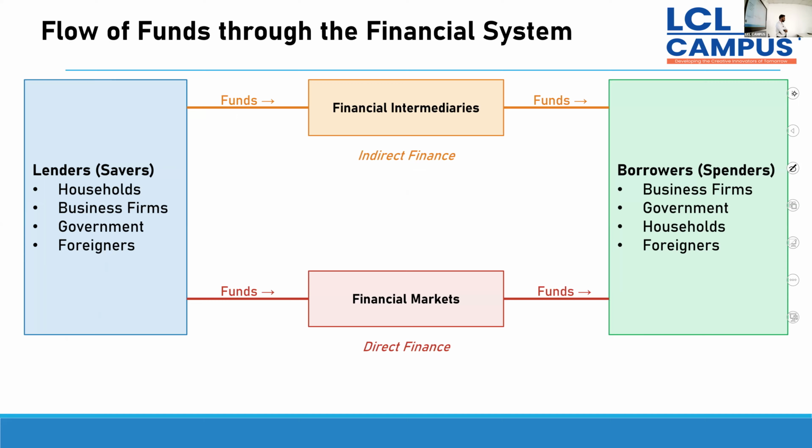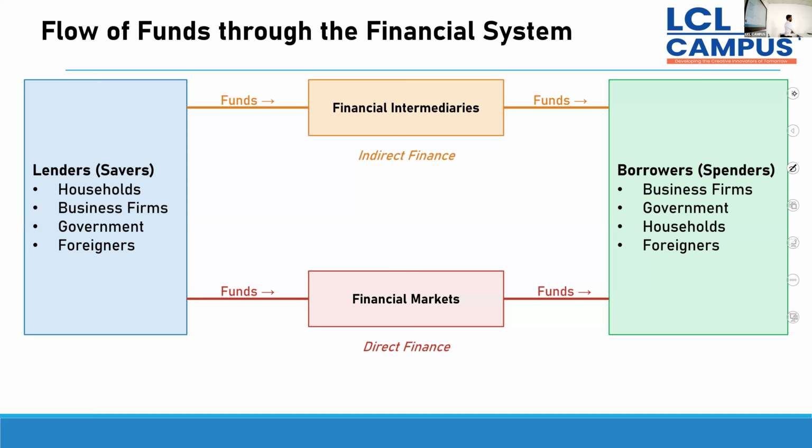They have savings accounts. You all are maintaining a savings account, so you are the households. Next, businesses and firms, which can be a sole proprietorship, partnership, or company. And government, they also deposit funds in the bank. And foreigners.